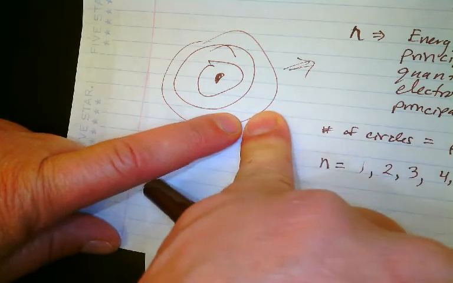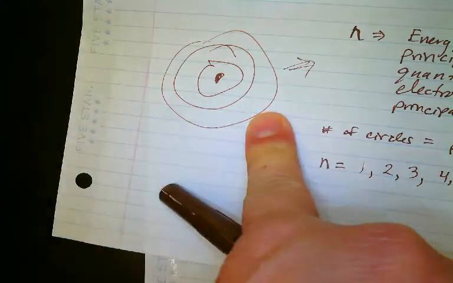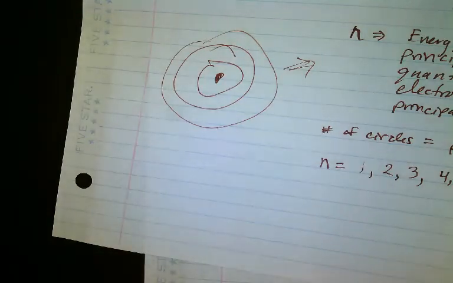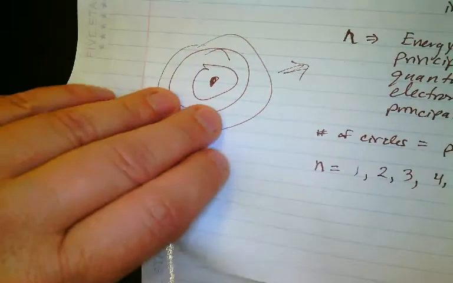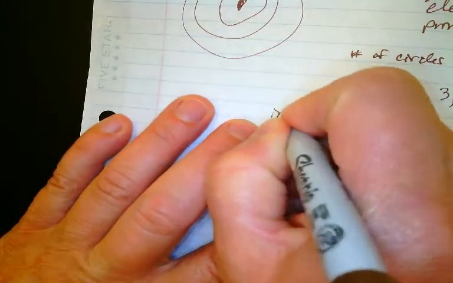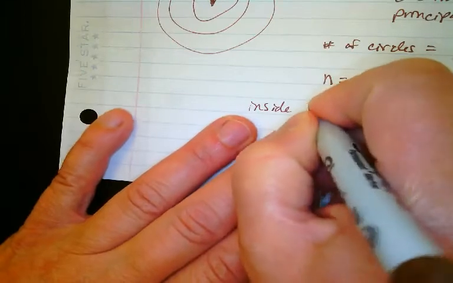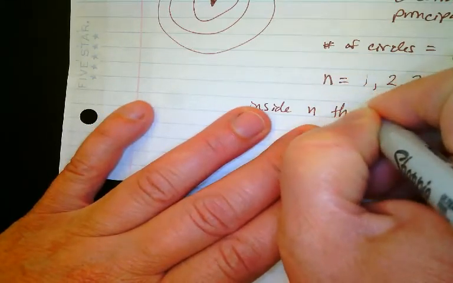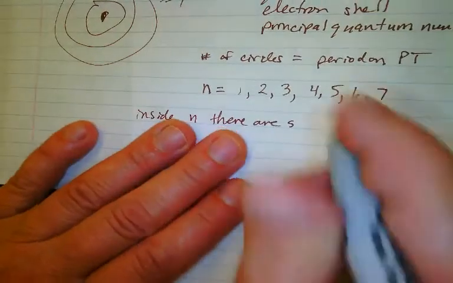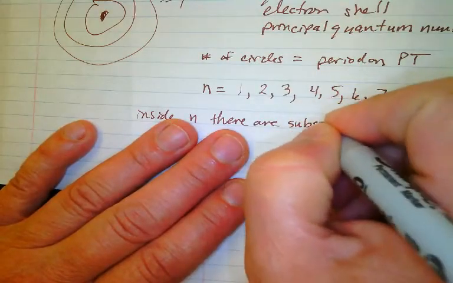Now, inside these lines, we have sublevels. One of the sublevels is S. Another option is P. Another one is D. And another one is F. Okay? So, inside n, there are... Mom? How come on the top of this graph it says n equals 8?